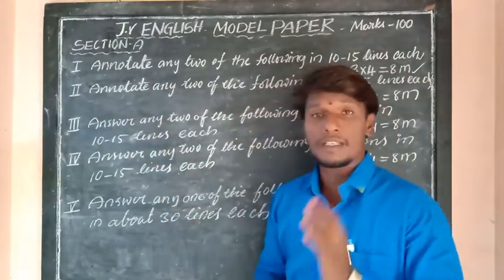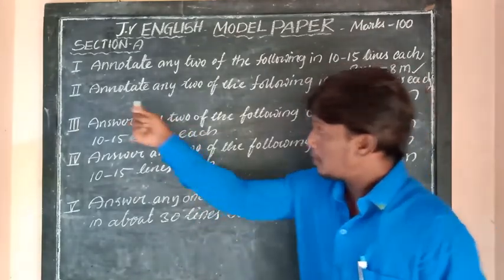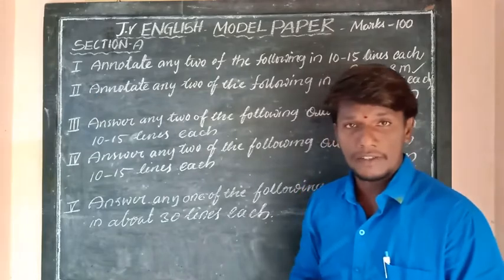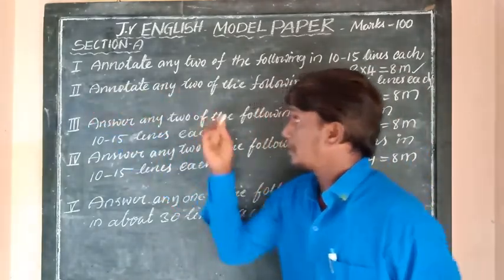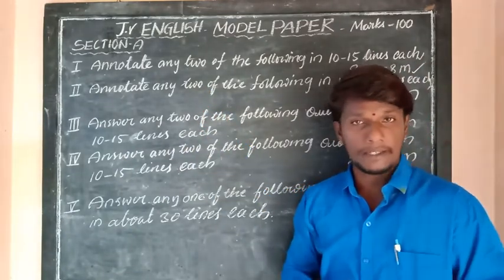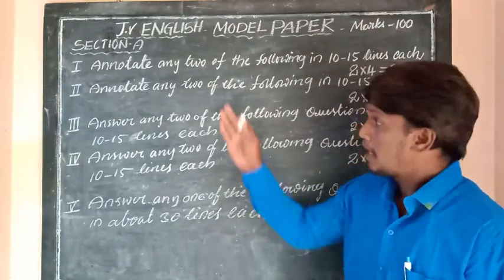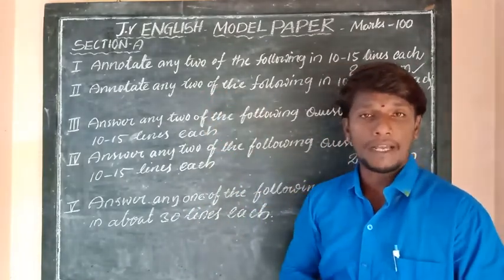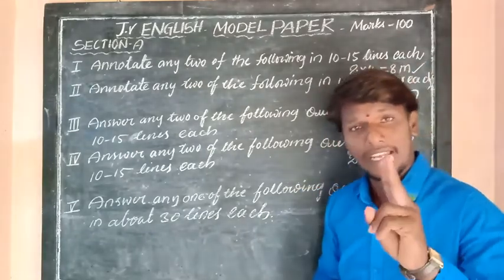What is Roman number 2? Roman number 2 is the same as Roman number 1. It is also an annotation, but this time the annotations will be asked from the poetry. Again 4 annotations will be asked, and out of 4 you can select any 2.